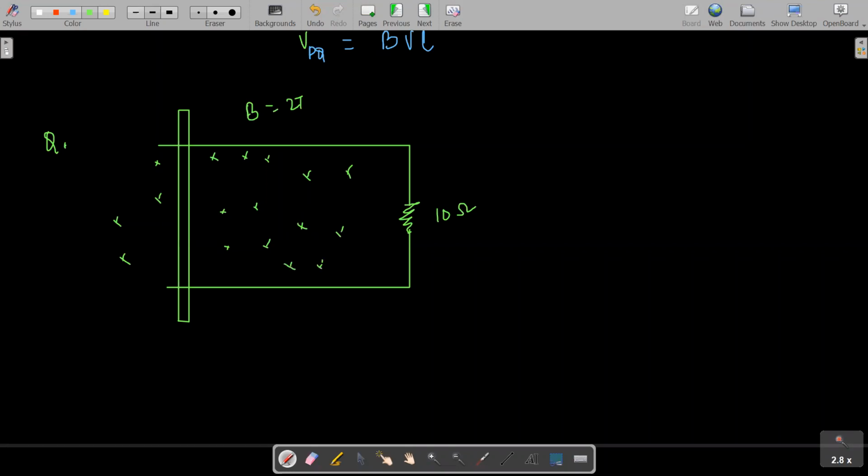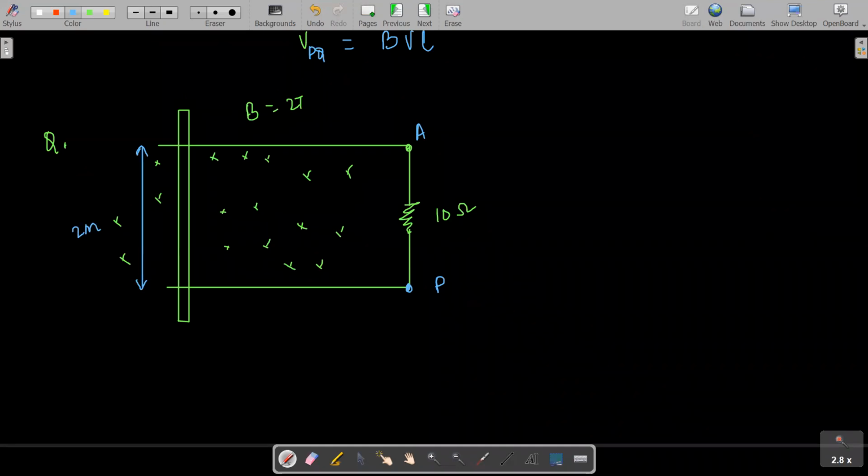This is point A, and this is point B. It is given that this length is 2 meters.